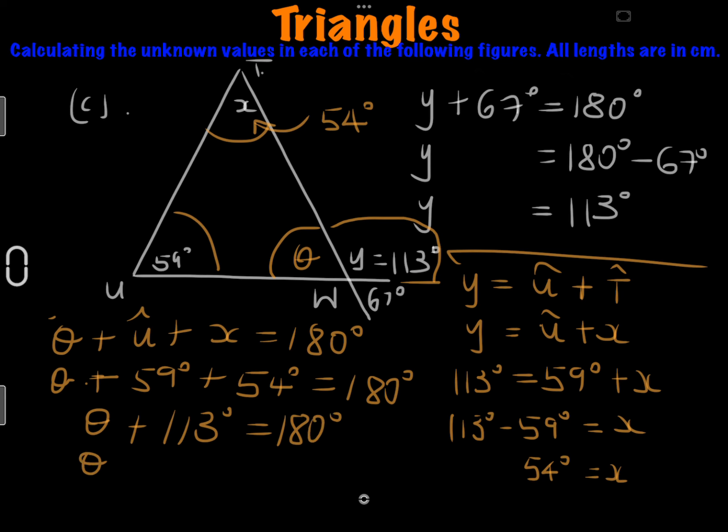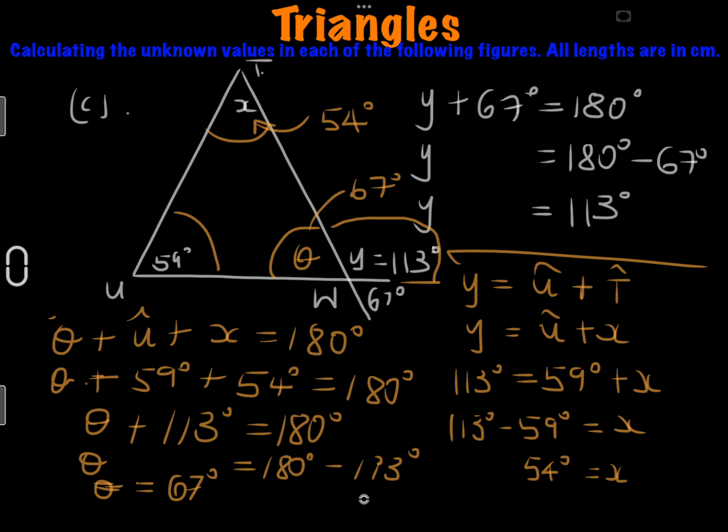So theta is equal to 180 degrees minus 113 degrees. So angle theta gives us 67 degrees. Which means this angle here is 67 degrees.